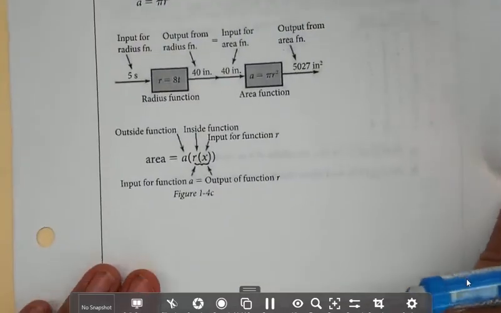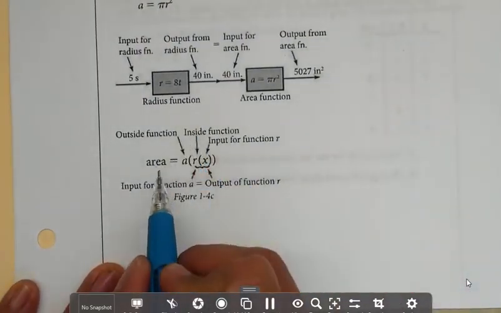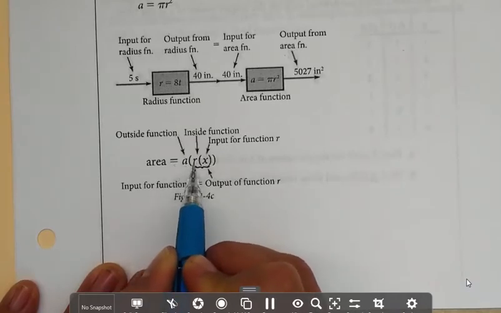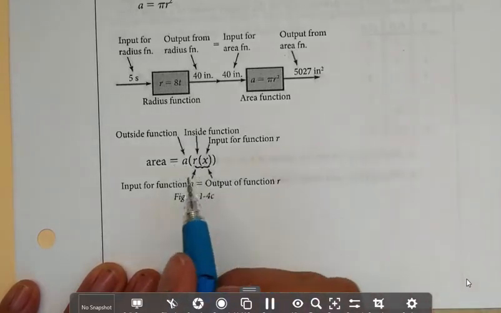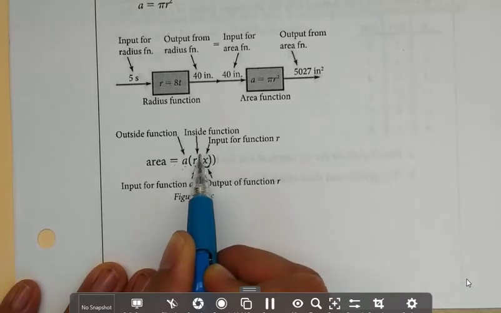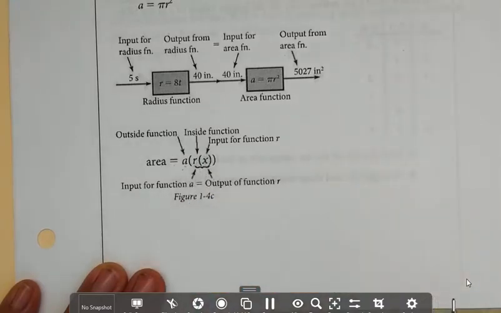The way that you would have seen this last year is that we would have said area is equal to a of r of x, right? So we have the outside function a, which we could think of as a of t or a of x, whatever you want to call the function. That's our outside function, and inside of that we plug in the radius function, the input function.